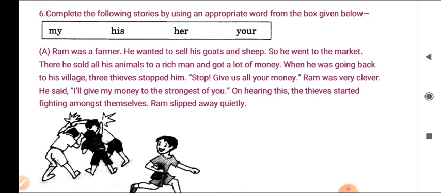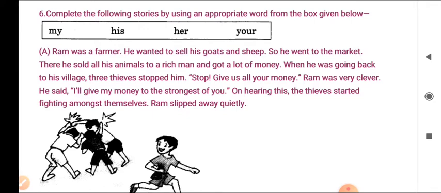Complete the following stories by using an appropriate word from the box given below: my, his, her, your. Ram was a farmer. He wanted to sell his goats and sheep. So he went to the market. There he sold all his animals to a rich man and got a lot of money.